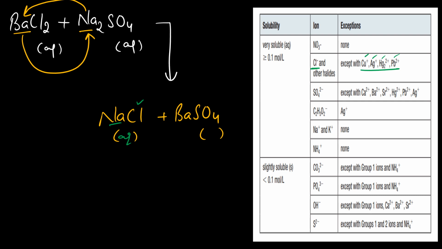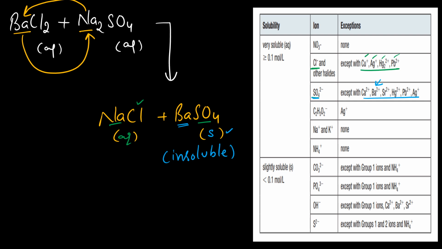Now let's check the physical state of barium sulfate with regard to the sulfate ion. For sulfate ion, we know it is insoluble with these metal ions. Here I have barium ion, so sulfate coming with barium is going to form an insoluble substance. Its solubility is insoluble, so its physical state is going to be solid.